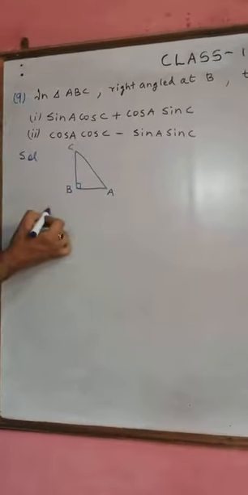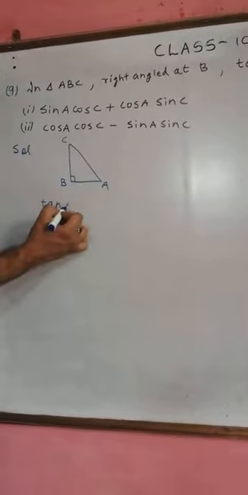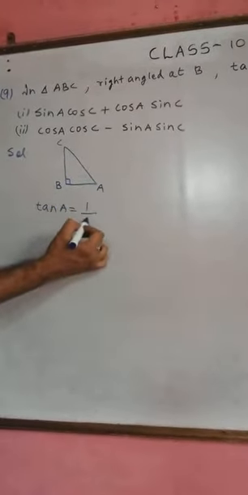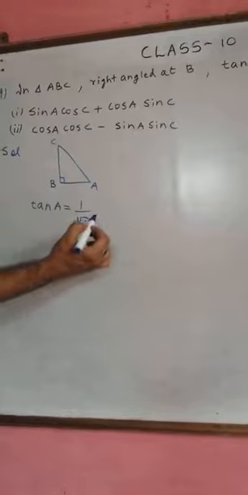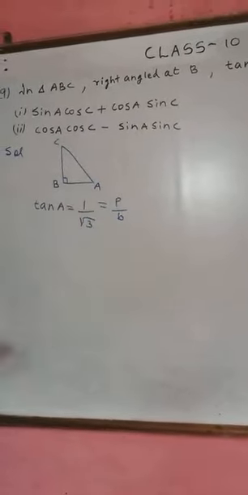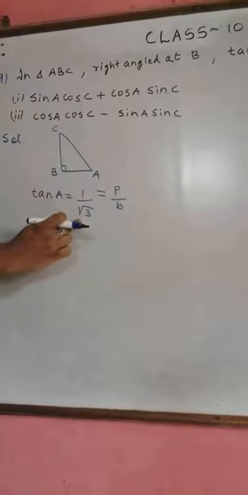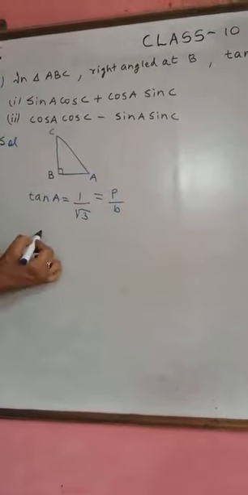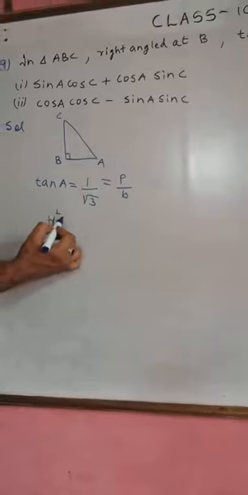It is given that tan A equals 1 upon root 3, and the formula for tan is perpendicular upon base. That means perpendicular is 1, base is root 3. So we have to find the hypotenuse.